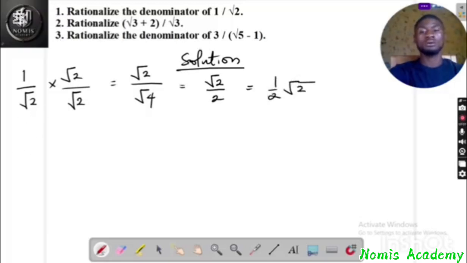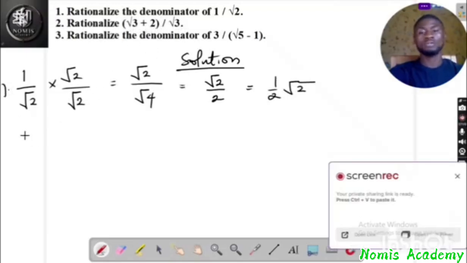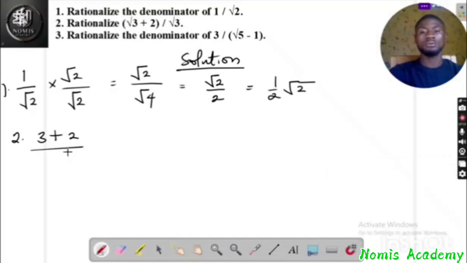Number 2 says we should rationalize root 3 plus 2 all over root 3. What we just do here is multiply both sides by root 3. You can see the case of a simpler one, so there's no need of putting minus anywhere.